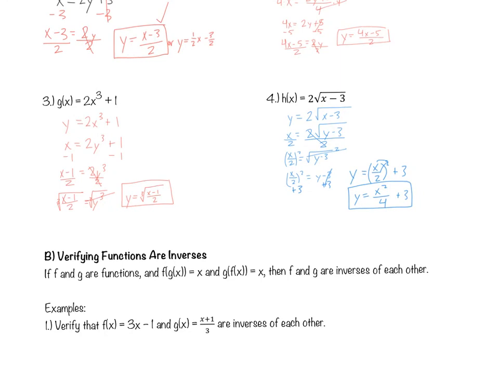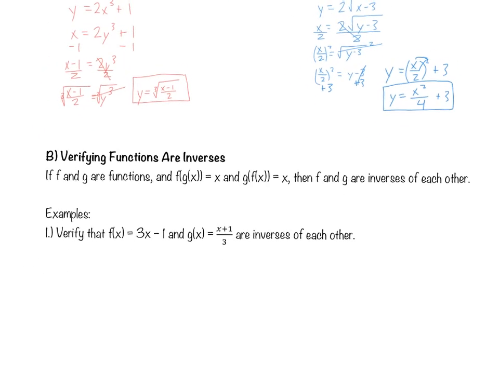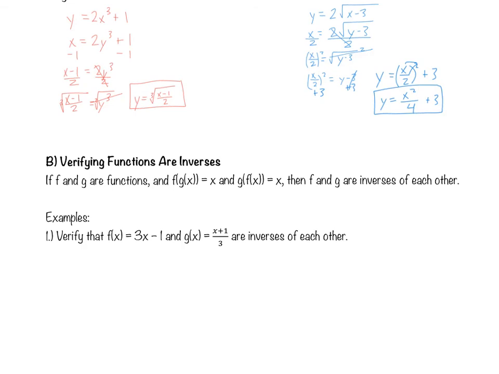So the question is, now, how do we prove that that is in fact its inverse? And this is how you do it. You will be asked on tests and quizzes to prove that in fact the two functions are inverses of each other. So if f and g are inverses, and this is why we did composite functions, f of g of x will give you just x, and then g of f of x will give you x as well.